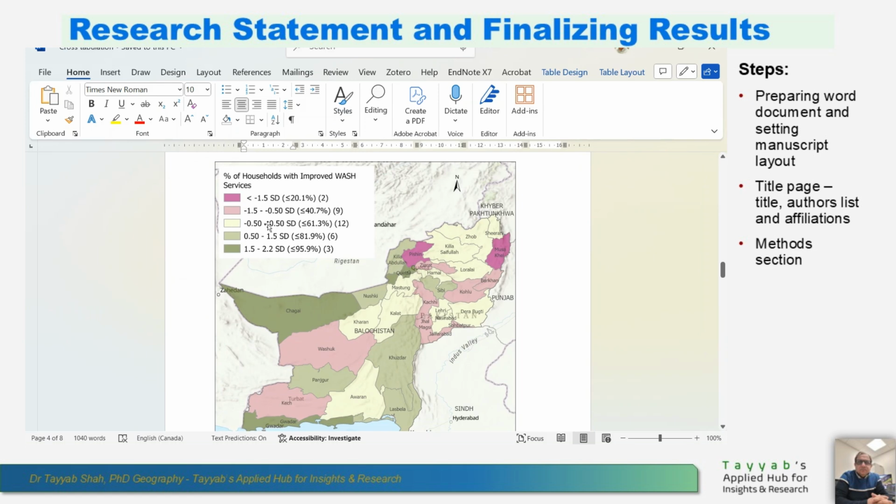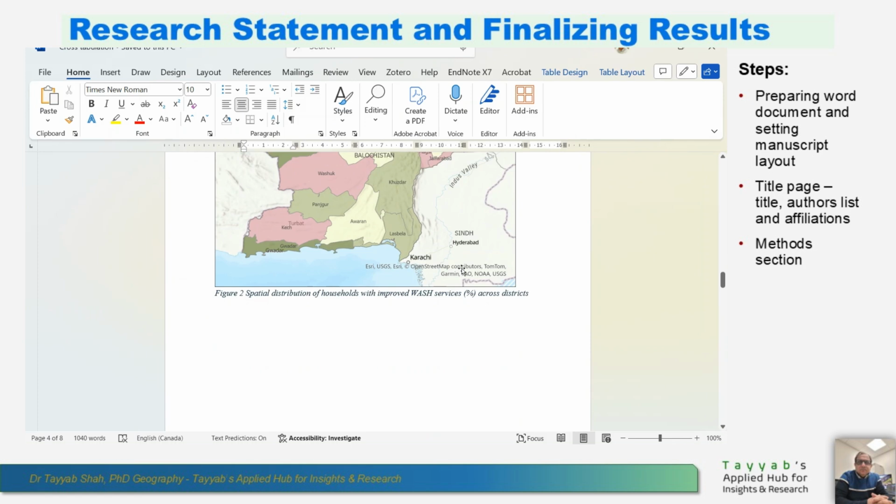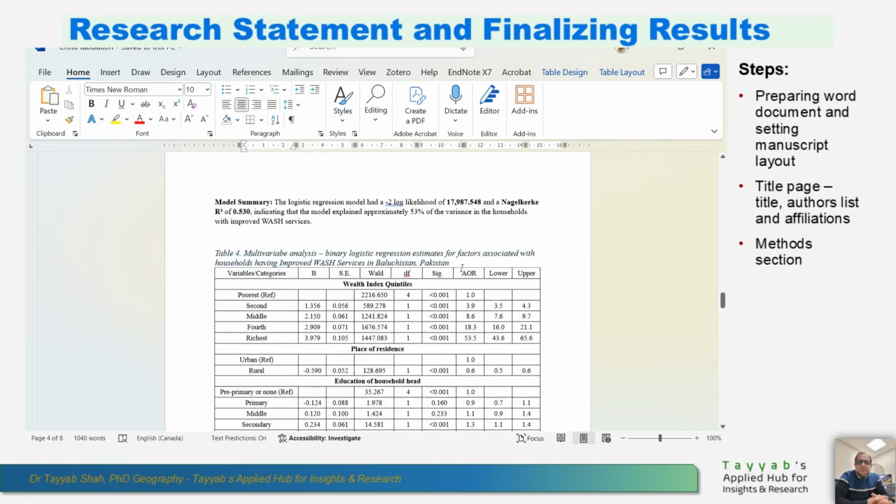This is the category showing us, and there are 12 districts that fall in this range, and then above those are normally better than the provincial average, in other words. These are the 9 districts, and then we have 11 districts which are below the average category. So this is the prevalence, in other words. That's also part of the results. Then we move to the regression model.